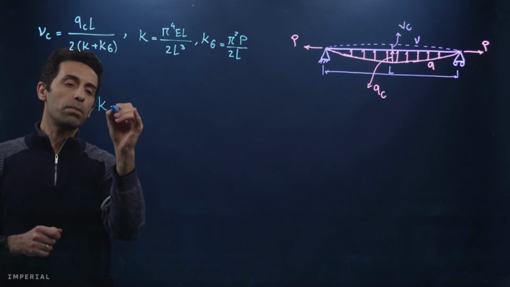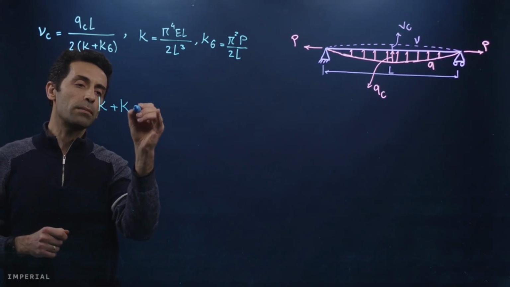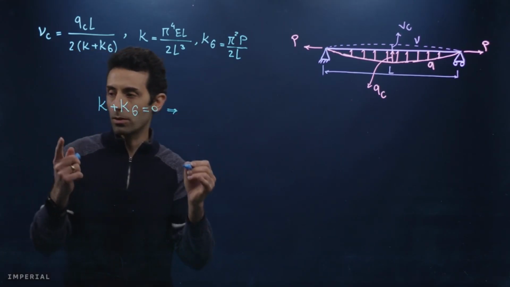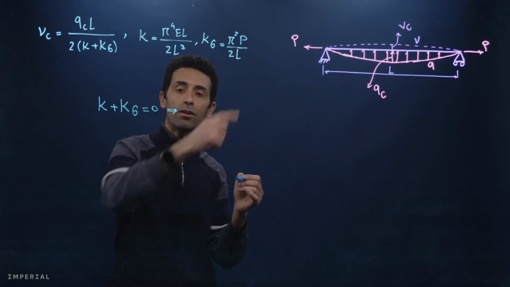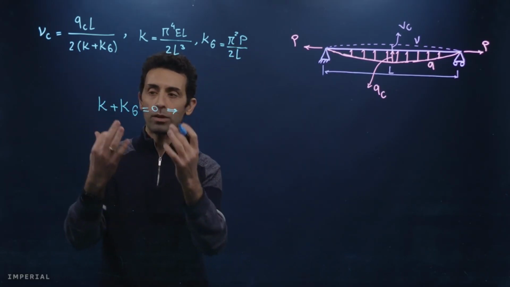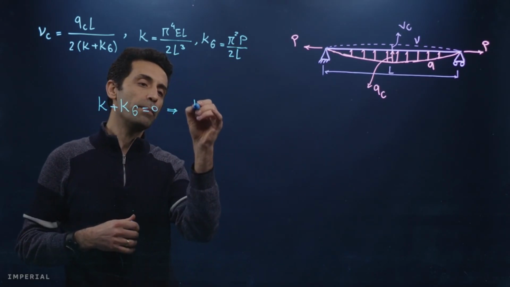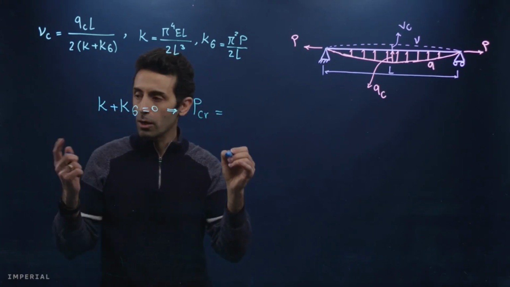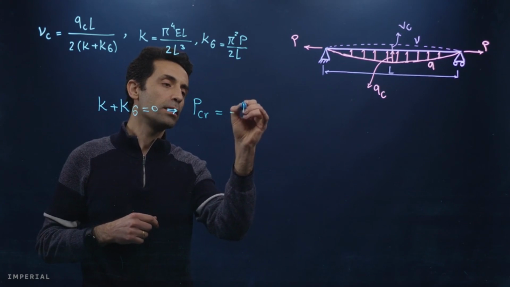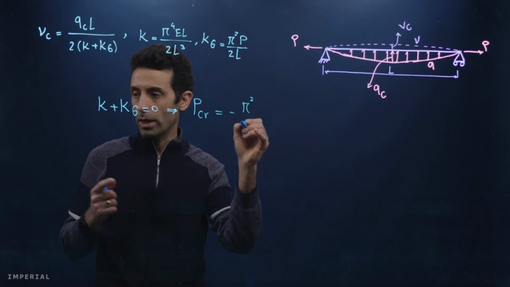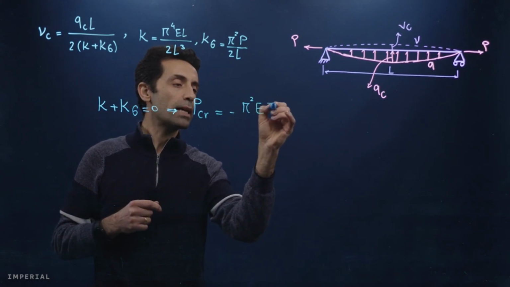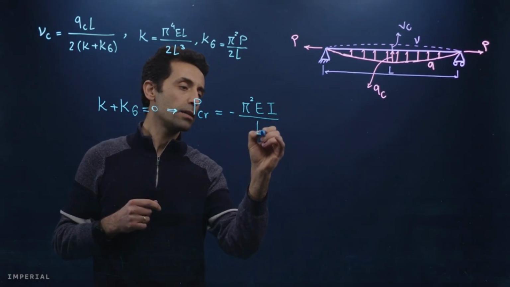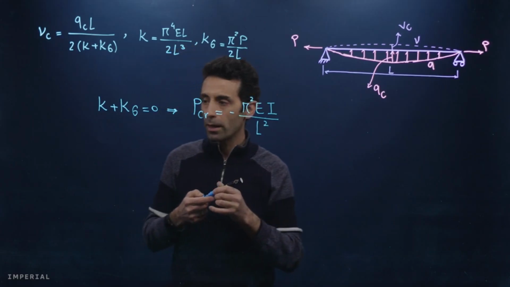K plus K sigma equals 0. And by doing so, we can find the value of P that would make these two equal but opposite. So P critical, we call it, would be equal to minus pi squared E, elastic modulus, I, second moment of area, divided by L squared, correct?